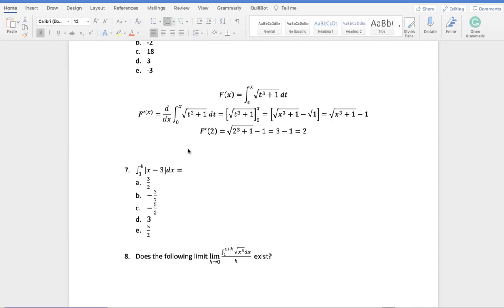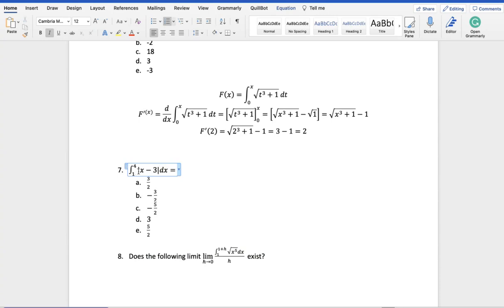No. Okay. So I want you guys to attempt 7 and 8 as well and see what you get. Now 7 and 8 are a little bit more challenging, but they require you to think. For example, for 7, they're asking you for the integral evaluated between 1 and 4 of the absolute value of x minus 3.